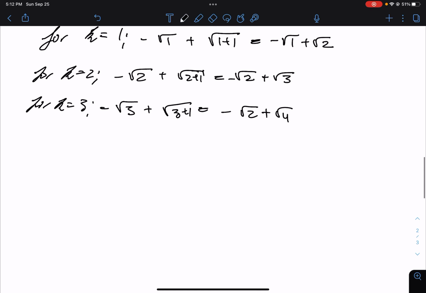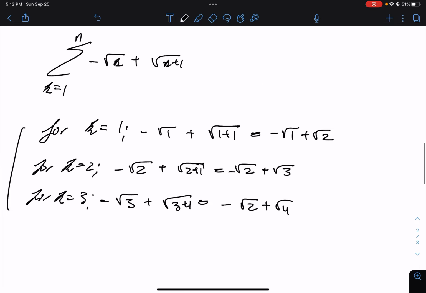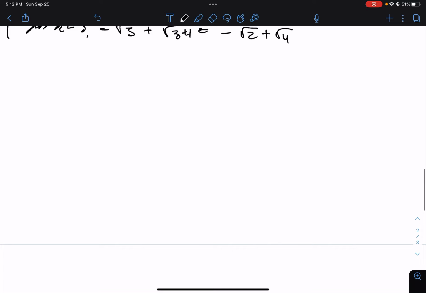So we are just going to be adding all of these and we will get the expression of this. Let's rewrite it. I'm going to write the summation as small as I can to take up as little space as possible because this might be long. So we have this, which is equal to minus square root of 1.